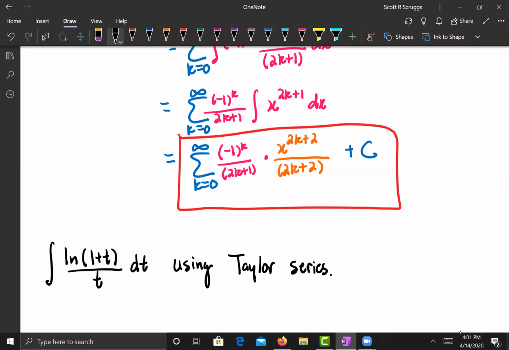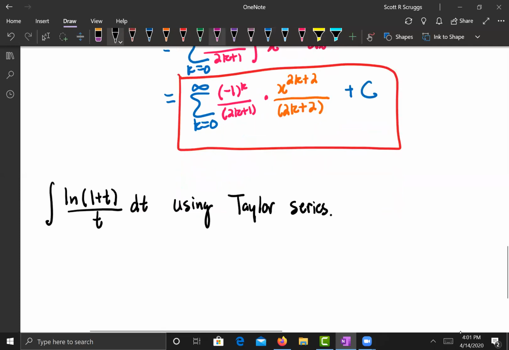And while y'all work on this, there is one hint that I'll give y'all. For the integrand natural log of 1 plus t over t, when you're finding the Maclaurin series for that, rewrite it like that. Because one of them I know the Maclaurin series for, the other term I don't. And so we're going to have to do some rewriting.